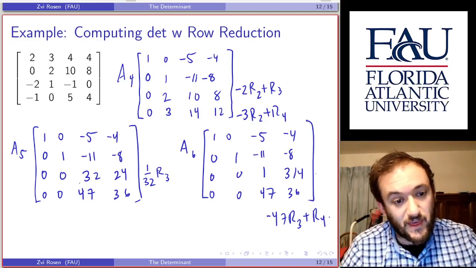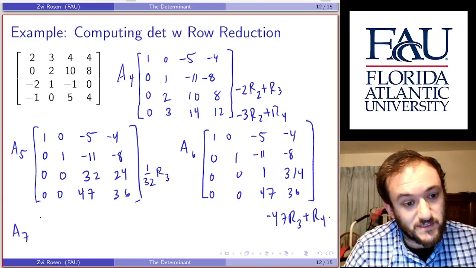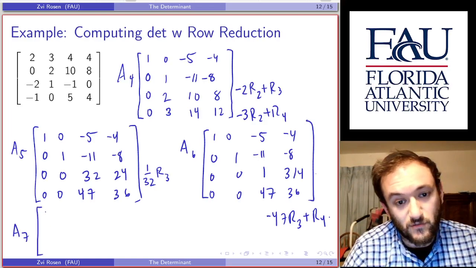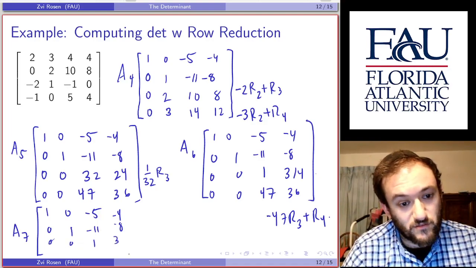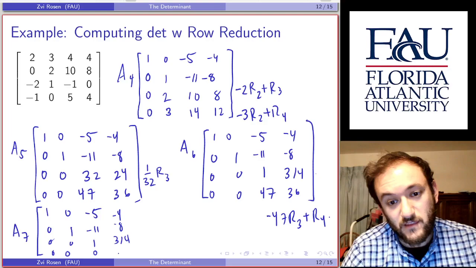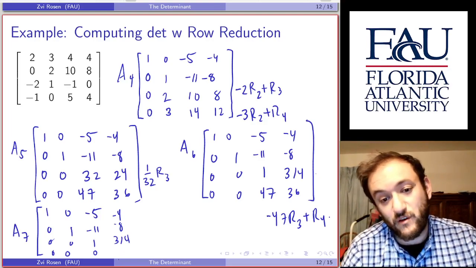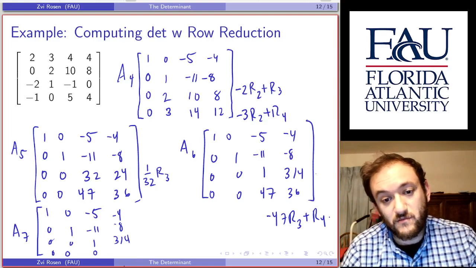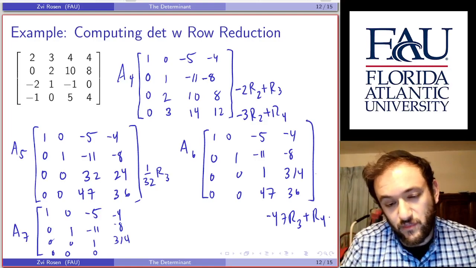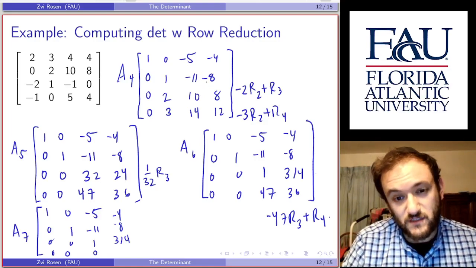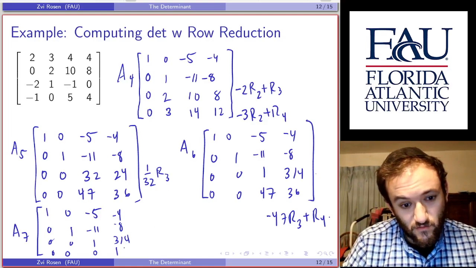That gives us A7, which is 1, 0, -5, -4, 0, 1, -11, -8, 0, 0, 1, 3/4, and in the final row we have 0, 0, 0, then -47 times 3 over 4 is -35 3/4, plus 36 gives us 1/4.